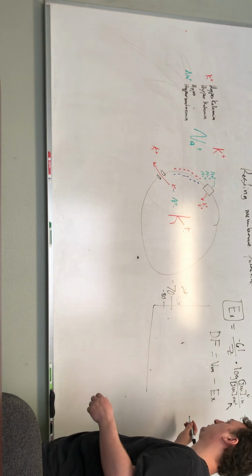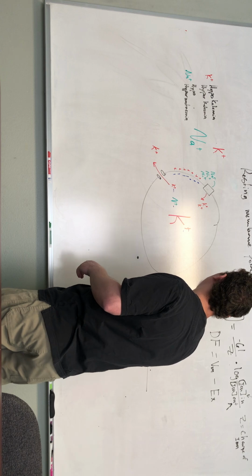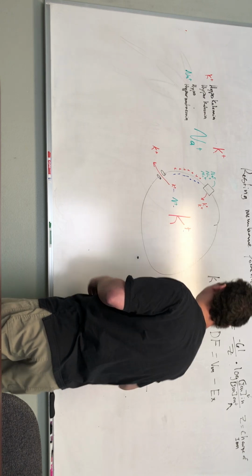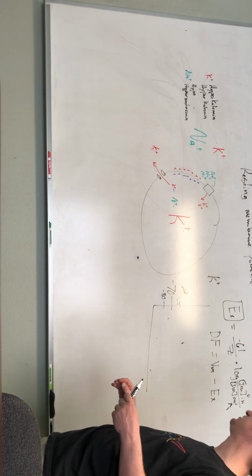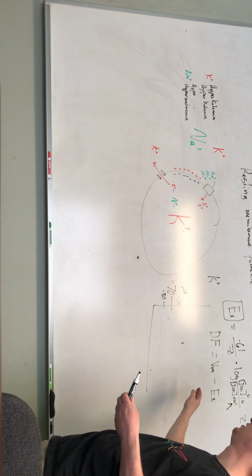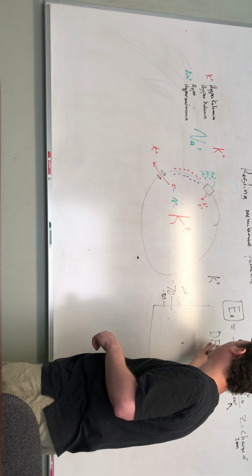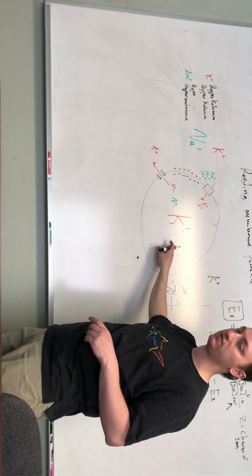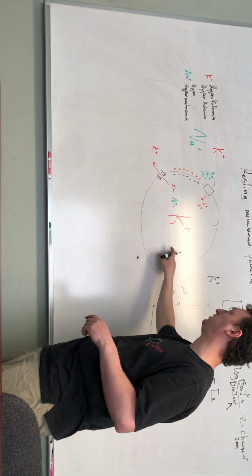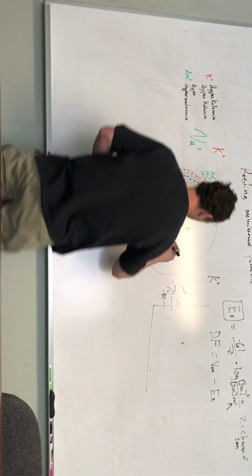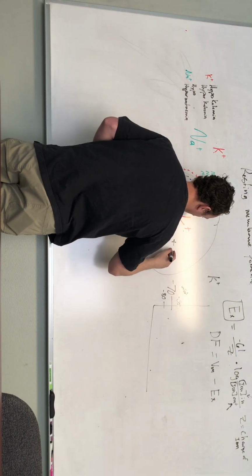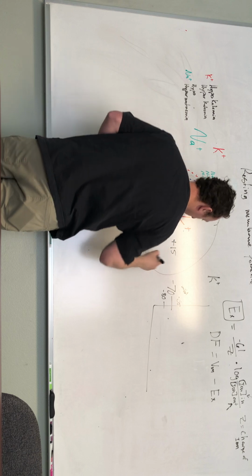So let's say you had potassium, and let's say potassium's driving force ends up being positive. Now, when we're talking about driving force, it's always going to be on the inside of the cell, so it's going to be intracellular. So let's say that it has a positive driving force of, we'll just say, 15.